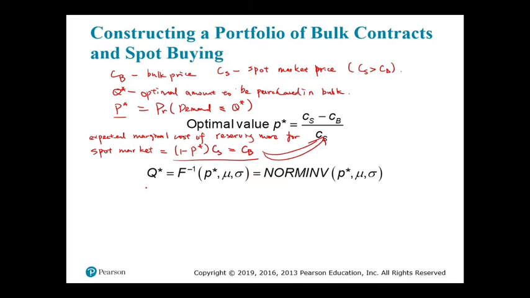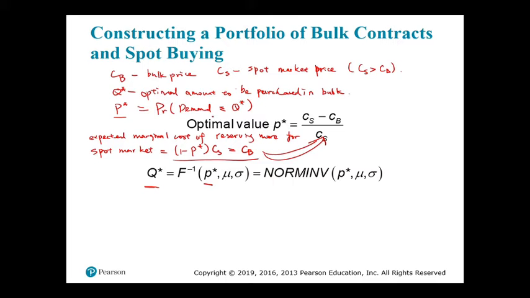So then the optimal quantity to reserve for bulk is again applying the inverse normal CDF function, given that demand.